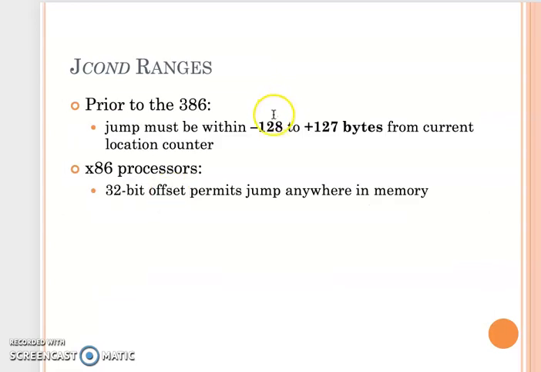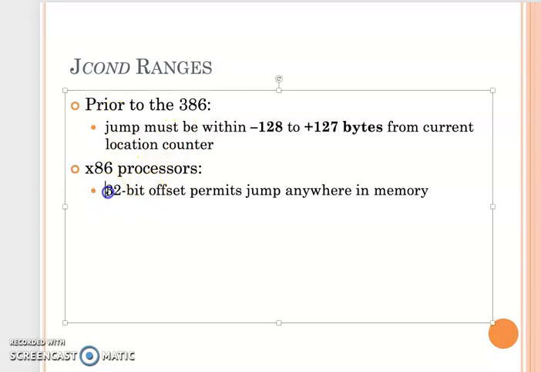If you remember, before when we talked about the JMP jump instruction, remember the jump must be within -128 to +127 bytes from the current location. That's the reason I told you before that, since we are working in a 32-bit environment, this restriction supposedly won't happen.